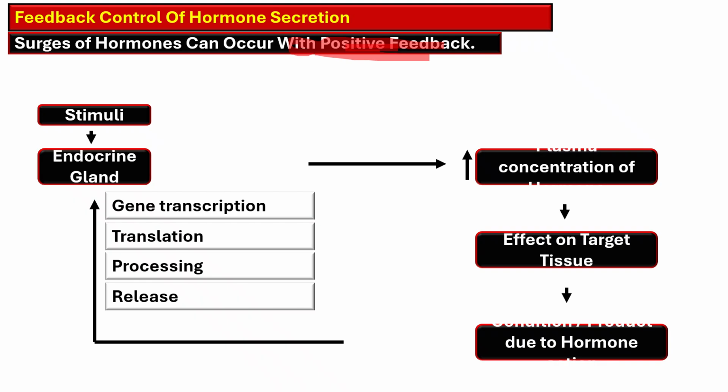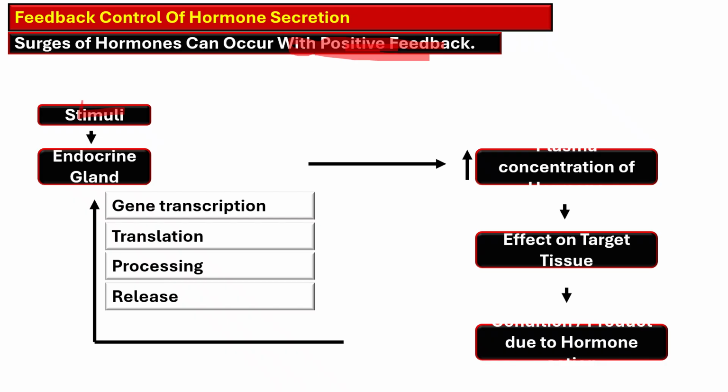It is typically short-lived, and is terminated by a built-in negative feedback loop. Its biological utility is that it drives irreversible or decisive events such as ovulation or childbirth.